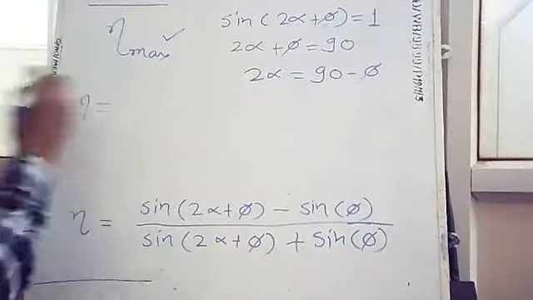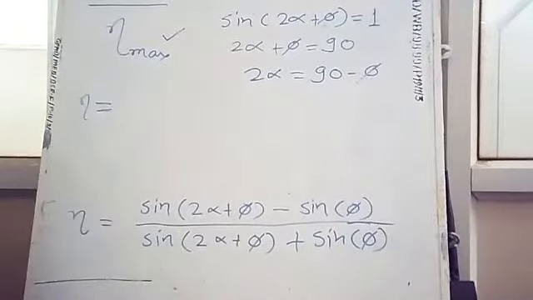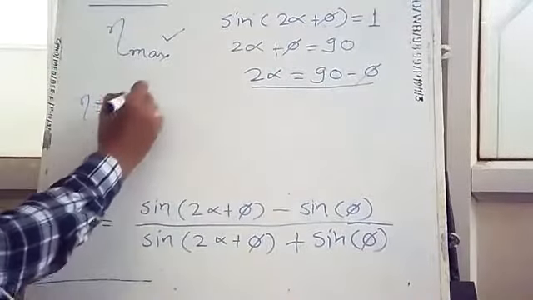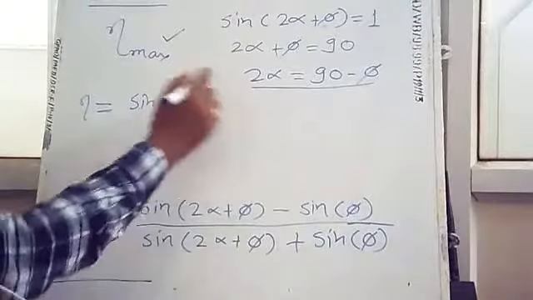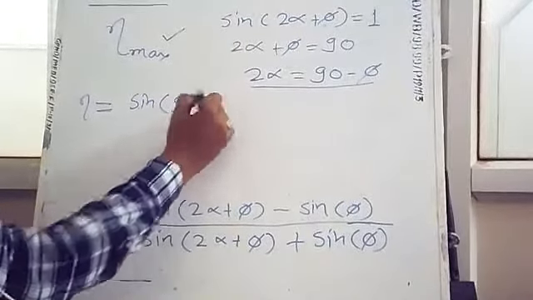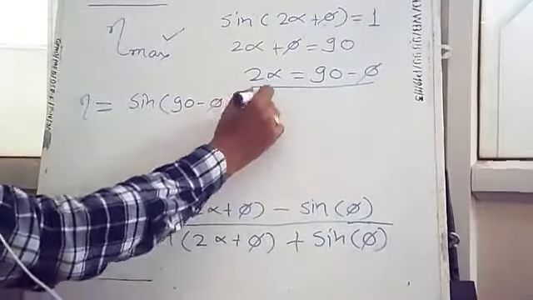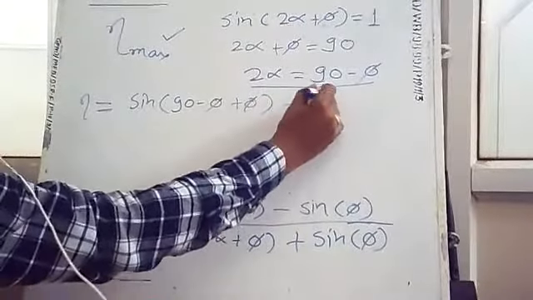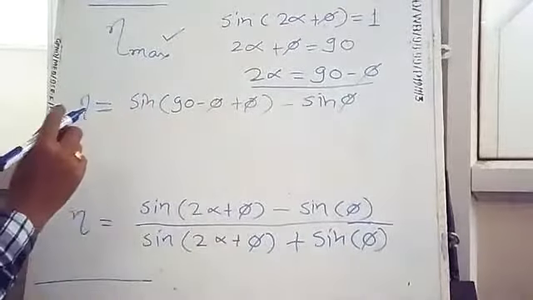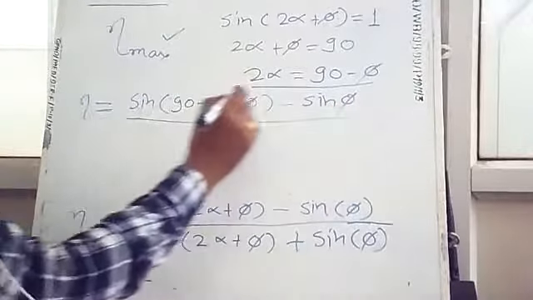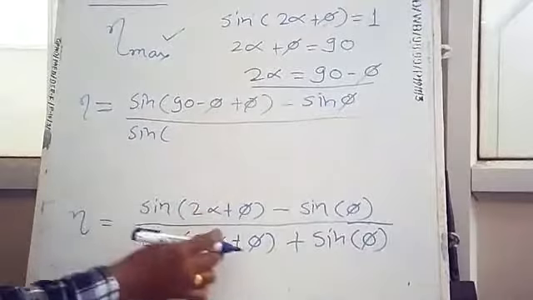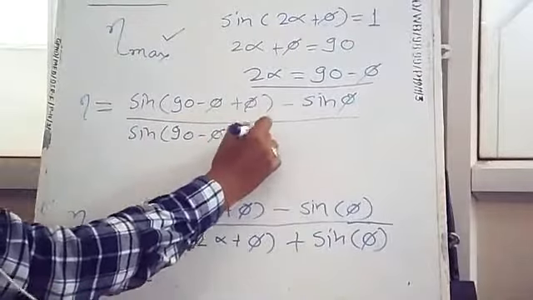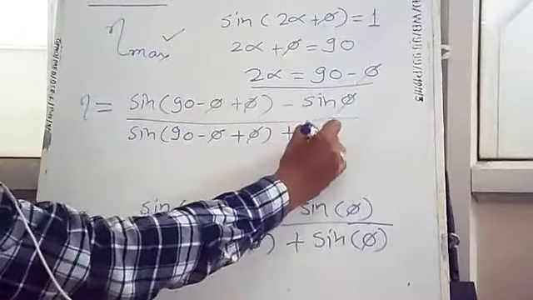So for the maximum efficiency: sine of, instead of 2 alpha, 90 minus phi plus phi, minus sine of phi, divided by sine of, again instead of 2 alpha I'll put this condition, plus phi, plus sine of phi.